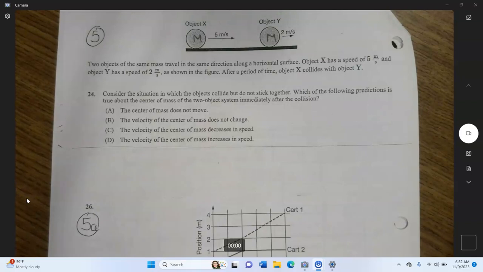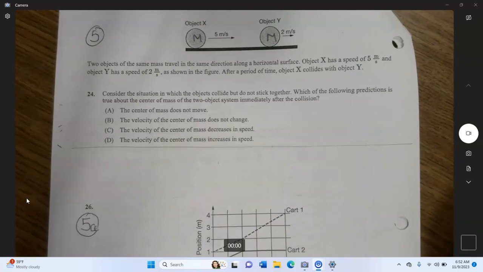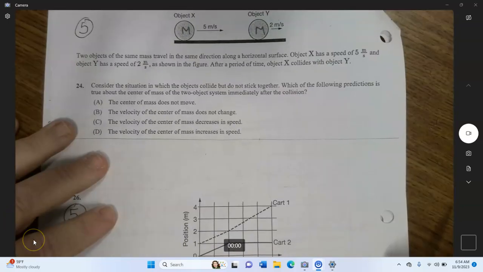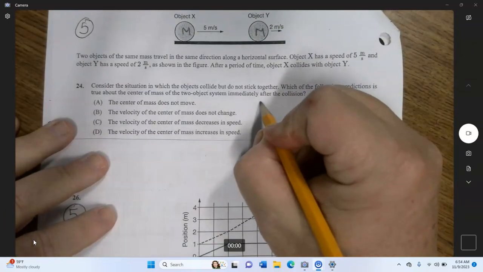So consider the situation in which the objects collide but do not stick together. Now that doesn't mean it's a perfectly elastic collision, so you can't assume conservation of energy. Which of the following predictions is true about the center of mass of the 2 object system immediately after the collision? Okay, so let's set this up the way we did in class.